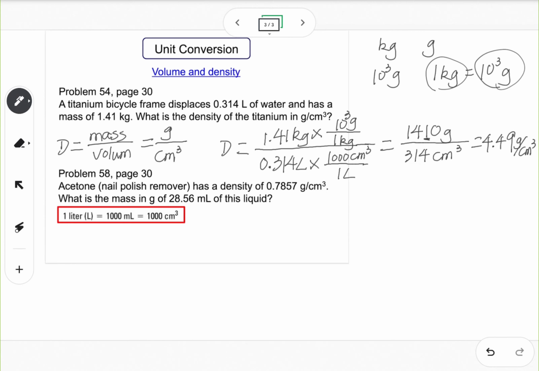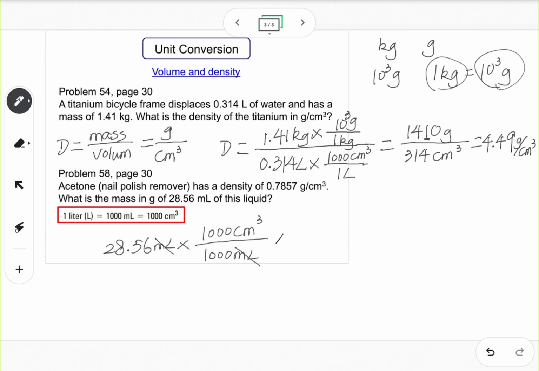That's going to be 28.56 mole. You convert mole to cubic centimeter, and we have it right here. Again, 1,000 mole should be at the bottom, the unit you want to cancel, and 1,000 cubic centimeter should be on top, the unit you want to keep. So you can cancel mole and keep the cubic centimeter.